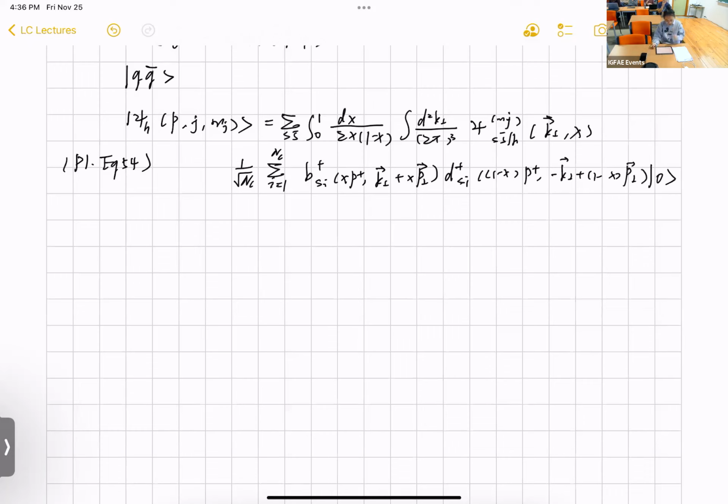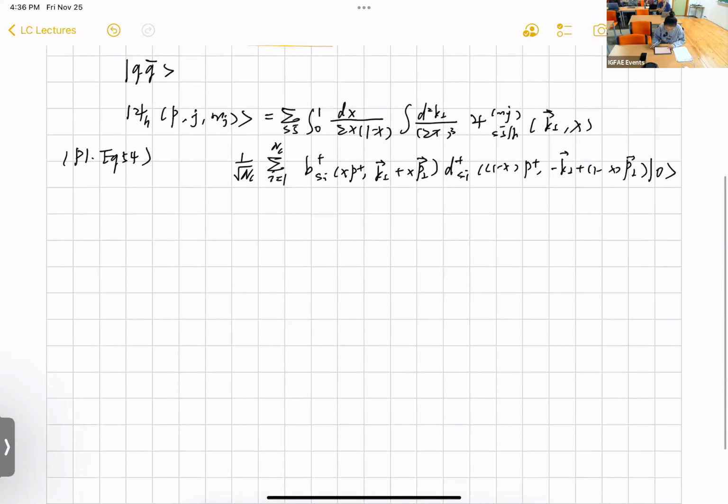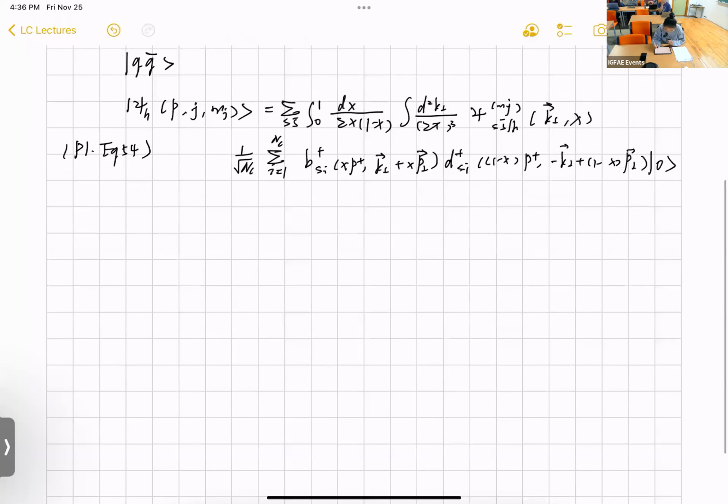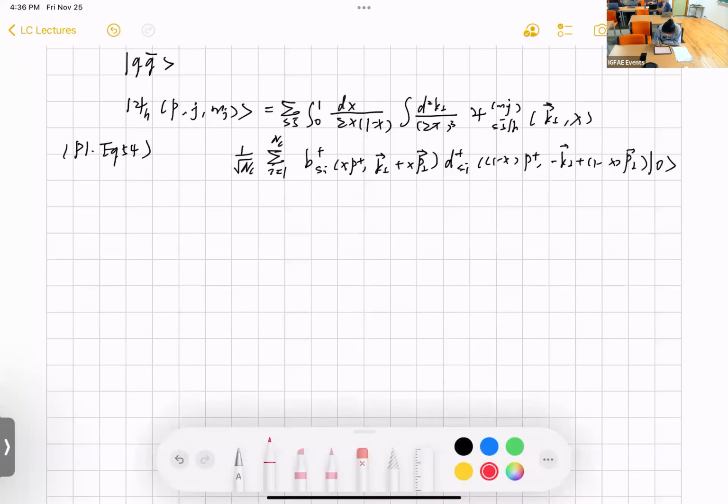Okay, so writing this out will also fix now the convention and the notations. And what is the light front wave function here? This coefficient in front of the creation and annihilation operator, that's the light front wave function.